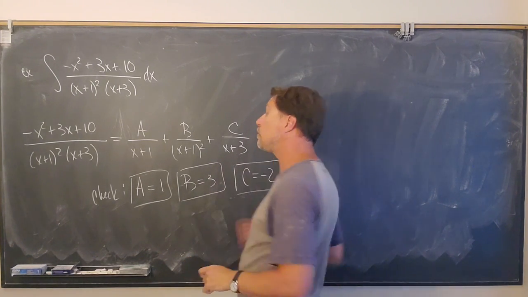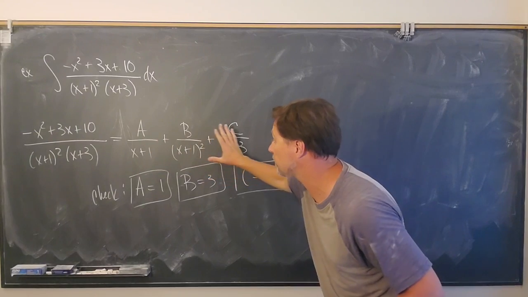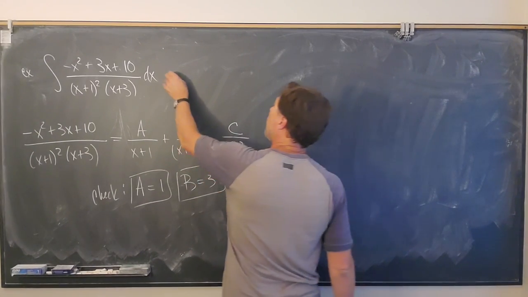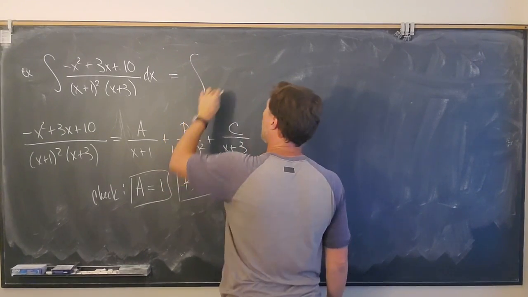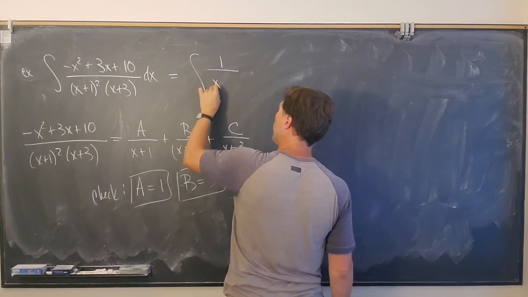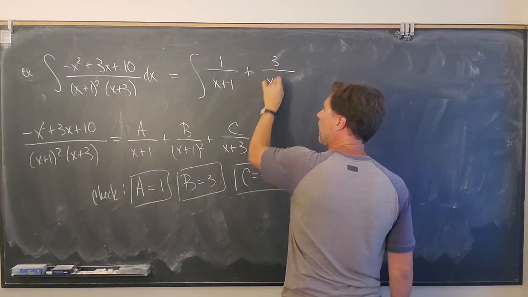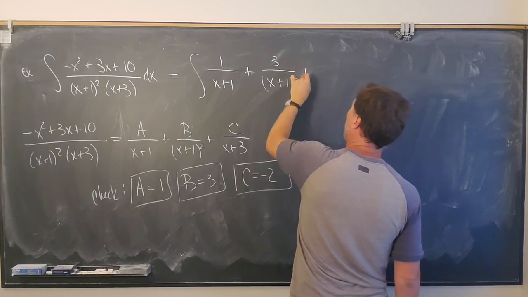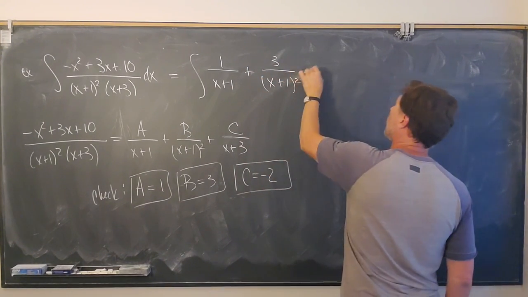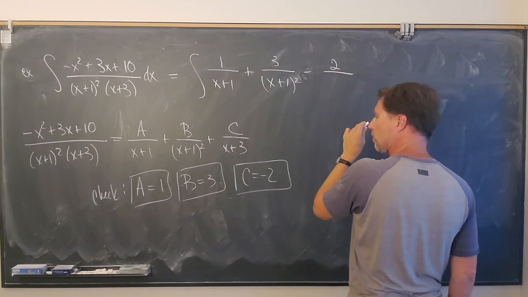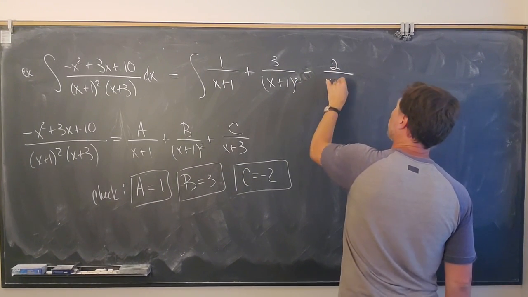All right, so if you do the partial fractions, you'll find this result, which means that this is equal to the integral of 1 over x plus 1 plus 3 over x plus 1 squared minus 2 over x plus 3.